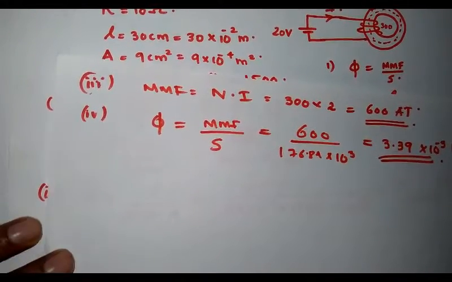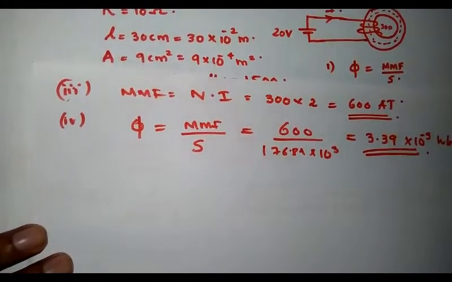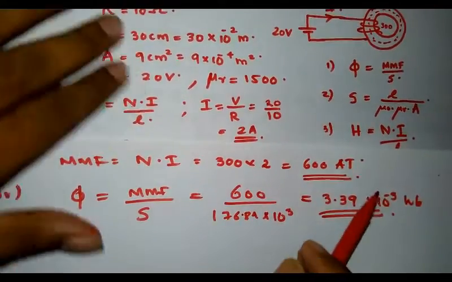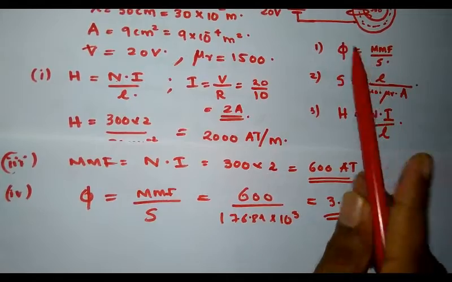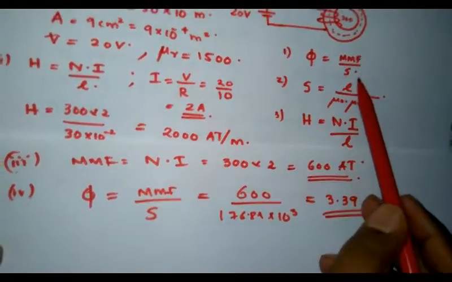This is all about solving a simple magnetic circuit problem. So we have to carefully understand three different equations, that is flux phi is equal to MMF by reluctance S. It is similar to the equation of electric current equal to EMF by resistance.